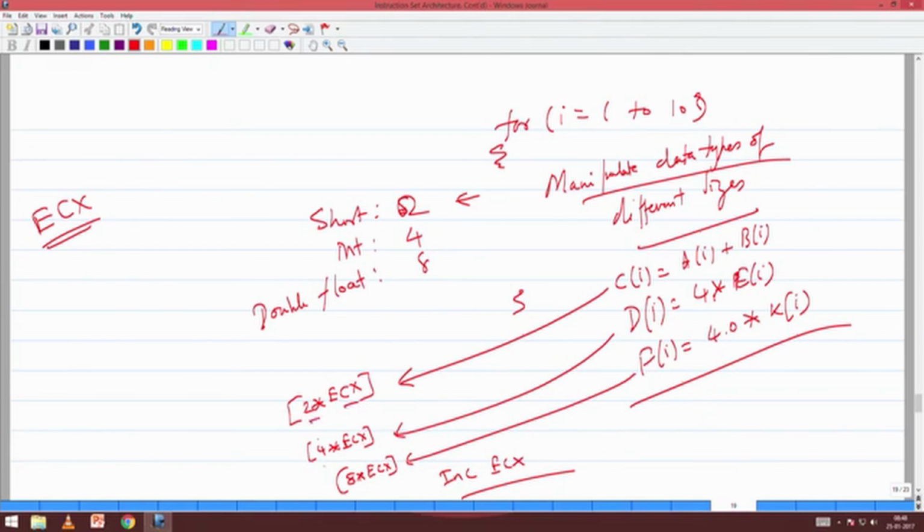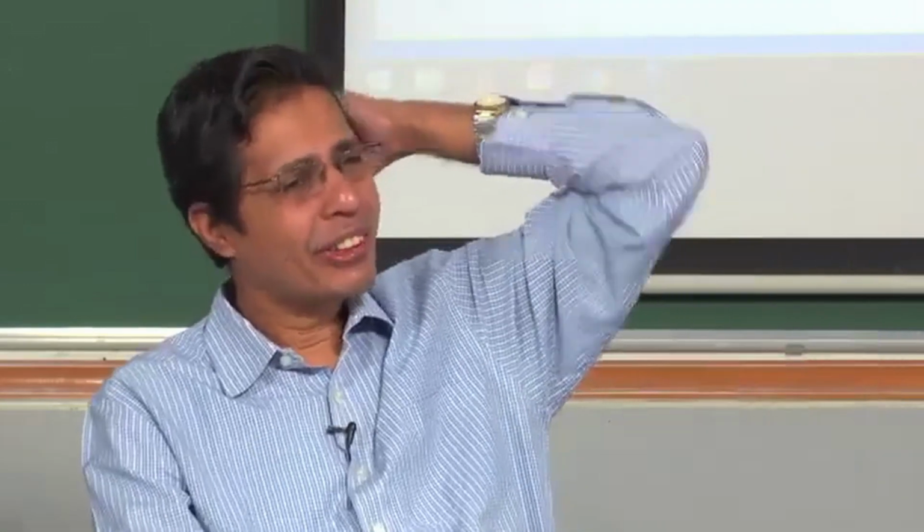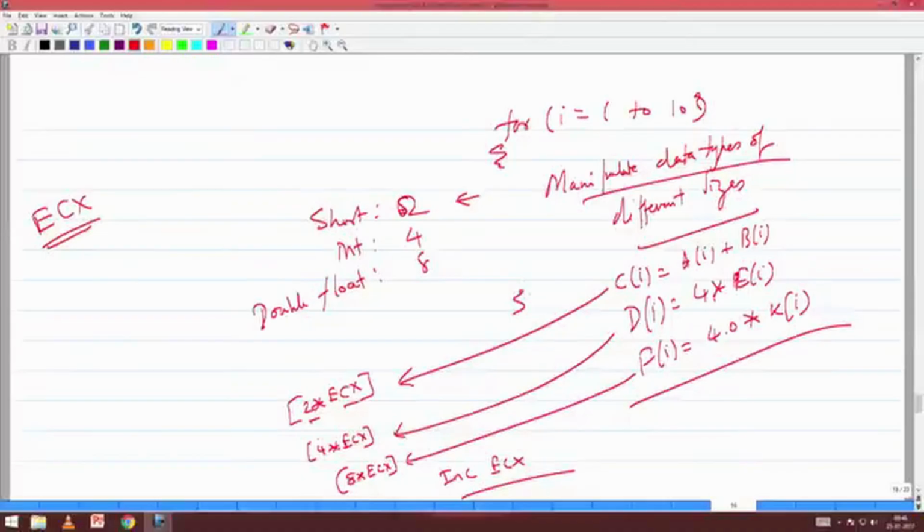The scale is used because I would like to maintain one counter variable, and if that loop is going to handle multiple arrays of different sizes, then I need to basically go and modify these syntaxes. Now, ECX will be I, and I will keep incrementing ECX as I proceed in my iteration, but for accessing individual entities here we will go with the scale.